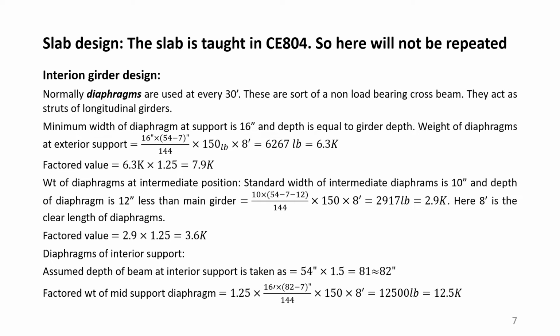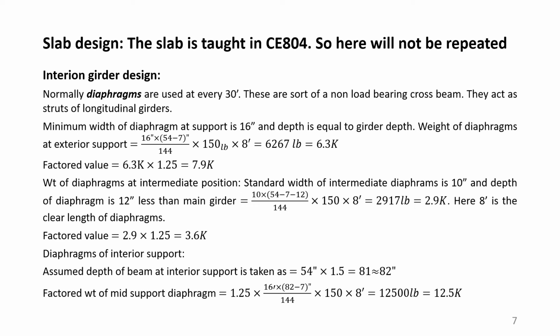The intermediate diaphragms will be of smaller width and smaller dimension. That is, the intermediate diaphragms are kept 10 inch wide, and the depth of the diaphragm is 12 inch less than the main girder.